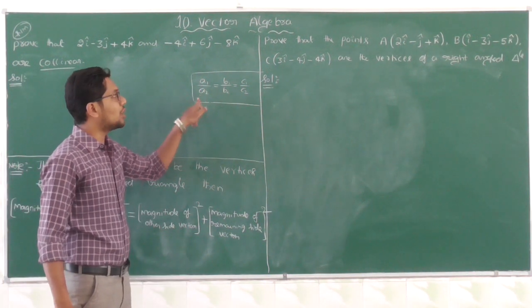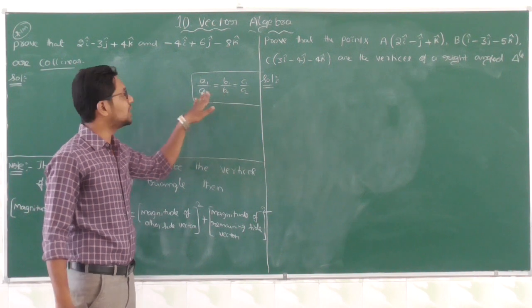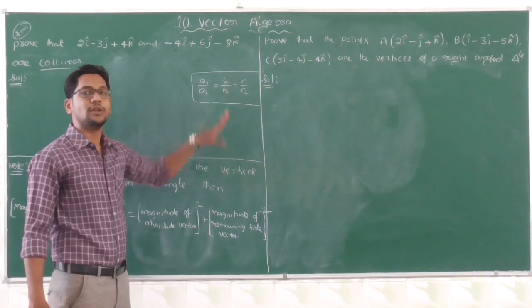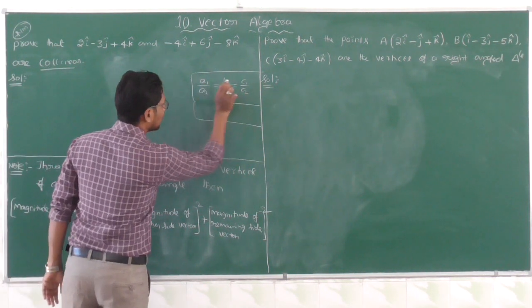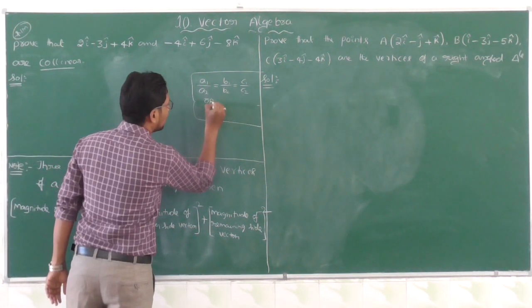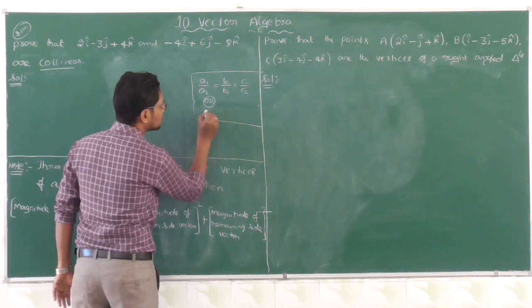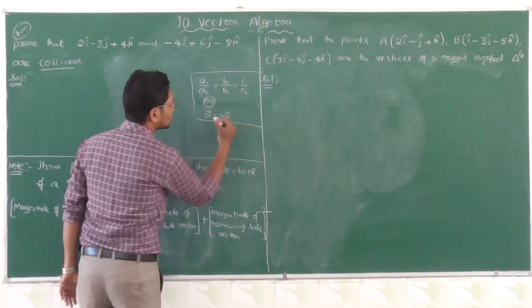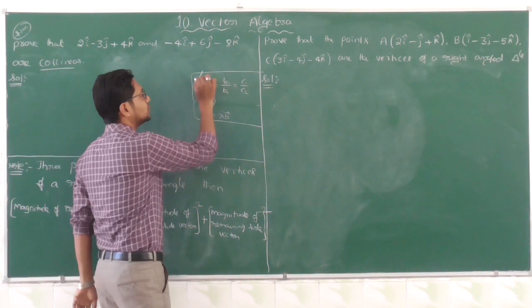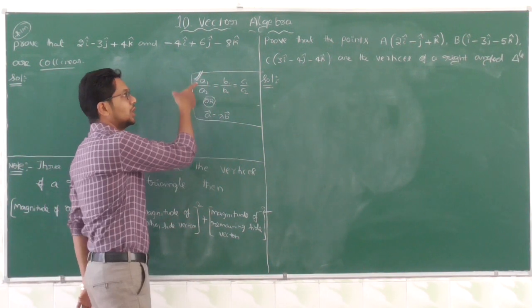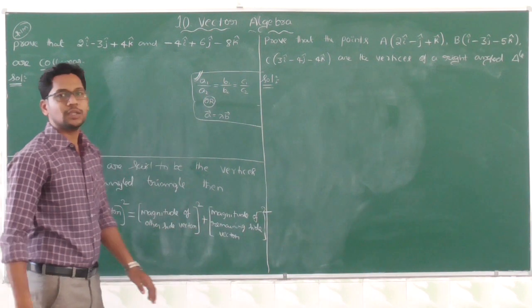The ratio of their components are equal, then we can say that the vectors are parallel or collinear. And one more condition I gave: a vector equals lambda b vector. We can choose any one. I am going with this one, the ratios.